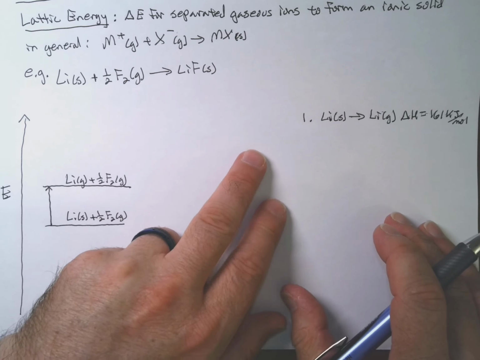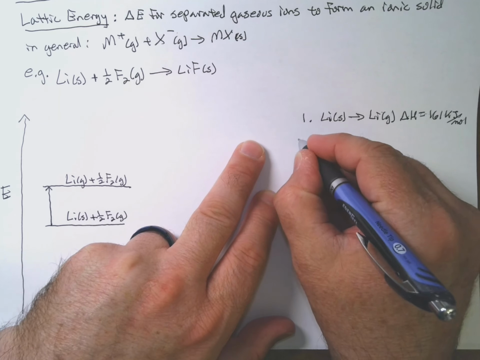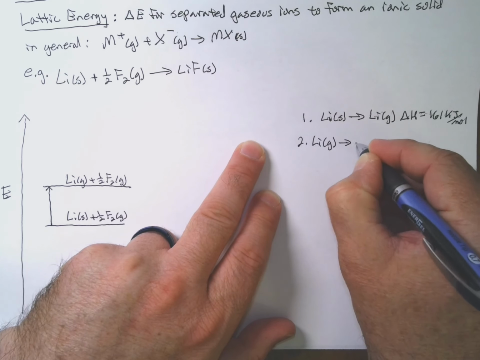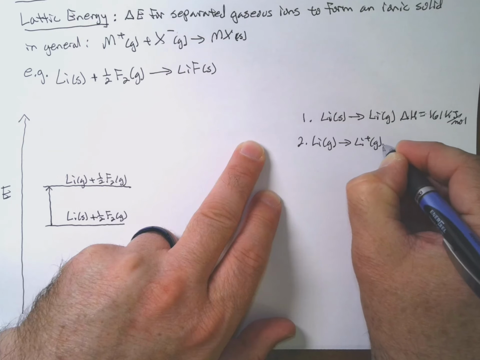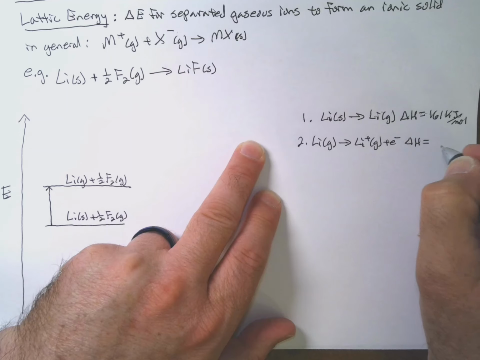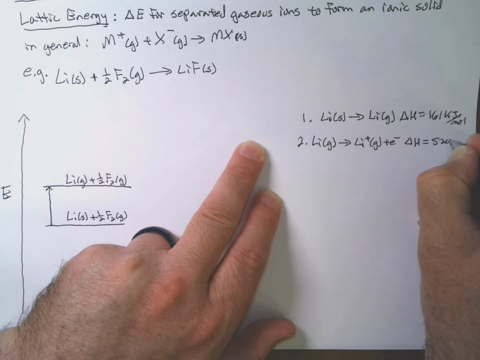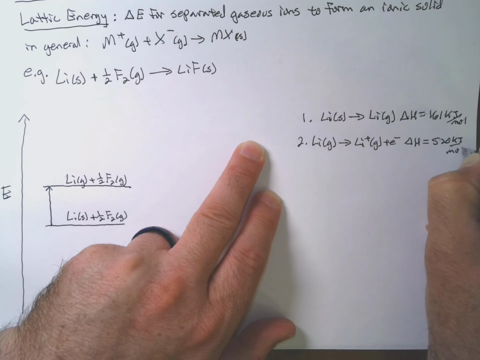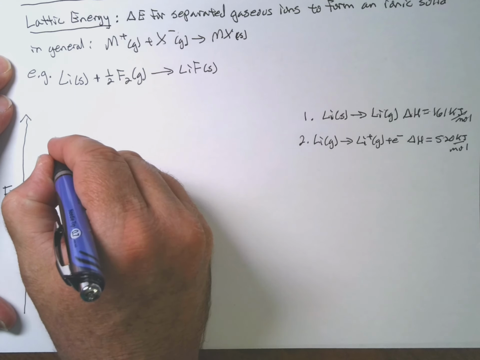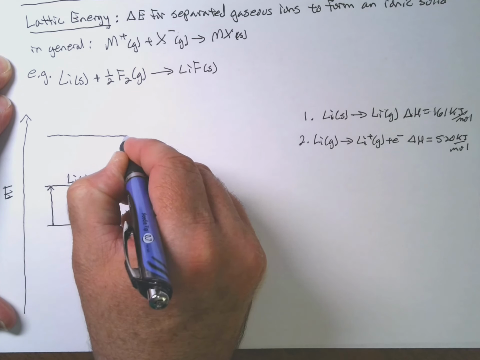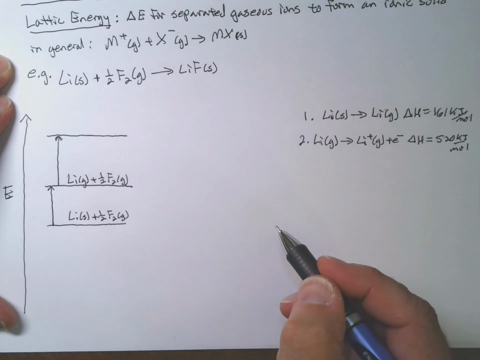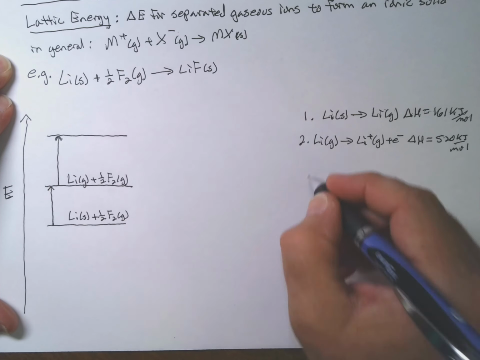Well, now I need to ionize my lithium. So that's lithium gas goes to Li plus gas plus e minus, and delta H here equals 520 kilojoules per mole. Okay, so that's a bigger jump up here. These are not drawn to scale.